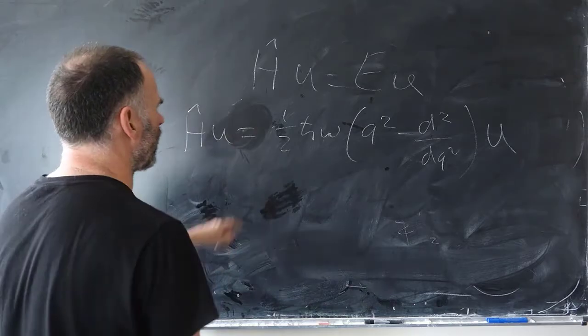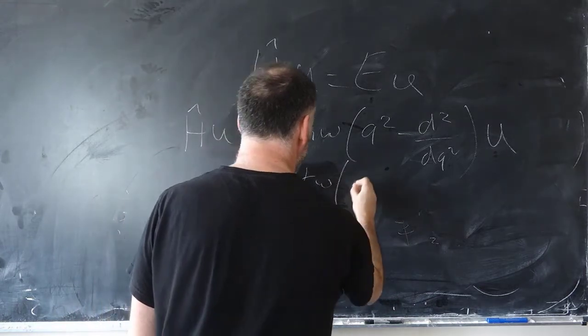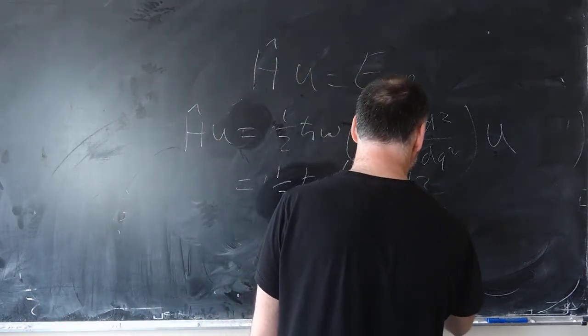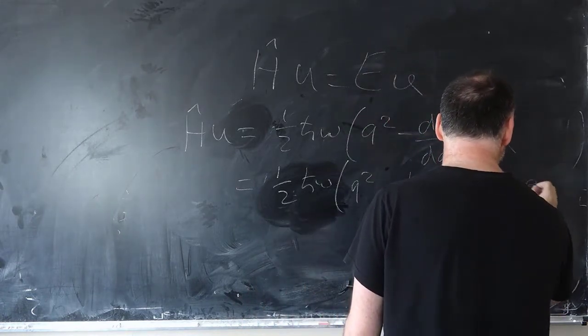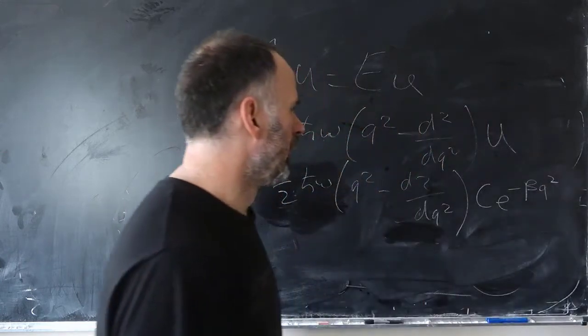A Hamiltonian operating on a function, that's what we're going to do. So a half h bar omega times q squared minus d squared/dq squared, acting on C e to the minus beta q squared.